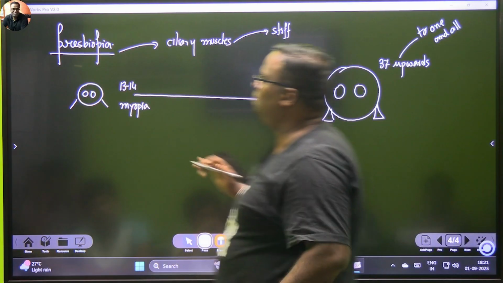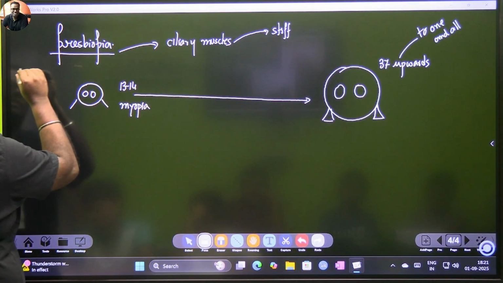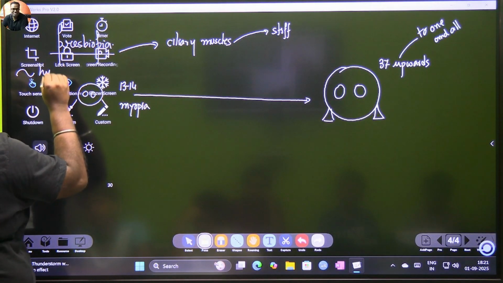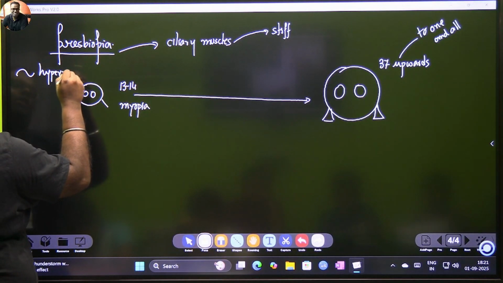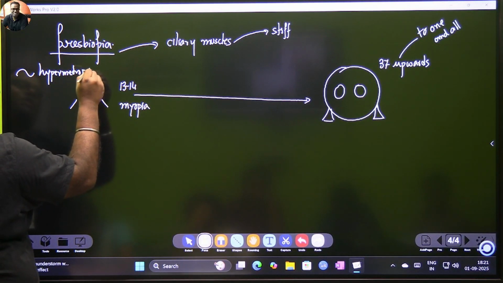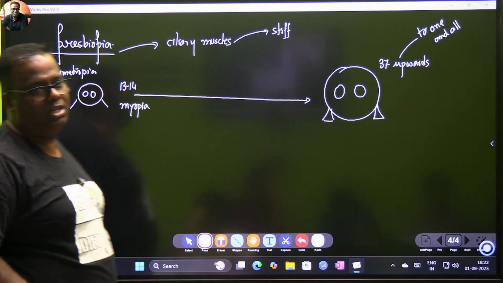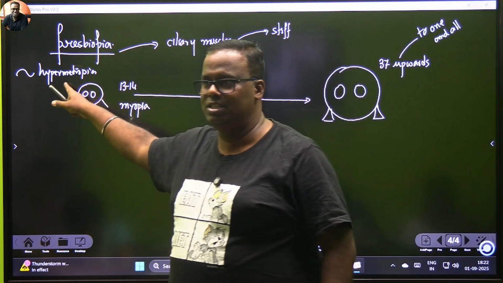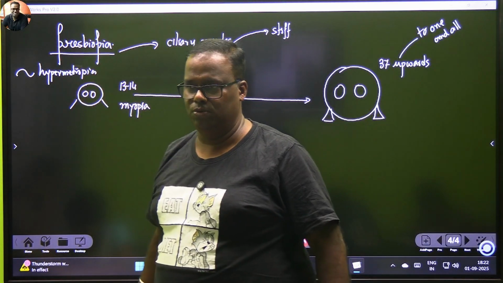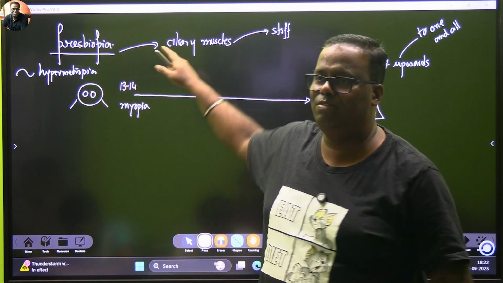So presbyopia is just similar to hypermetropia. You can otherwise say it is a hypermetropia condition after 37 years of age. Hypermetropia is a disease, something God will gift you.